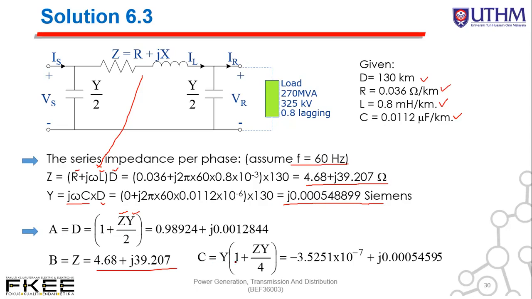C equal to Y times (1 plus ZY over 4). Replace the values of Z and Y, so we got C equal to minus 3.5251 times 10 to the power of minus 7 plus j0.0054595. So now we have the values of A, D, B, and C.